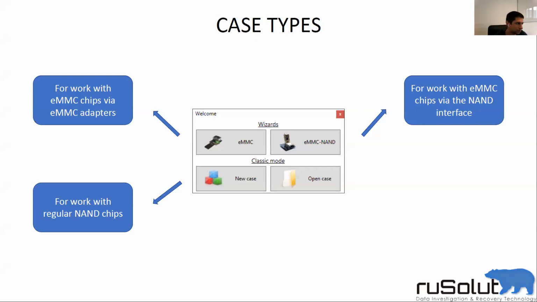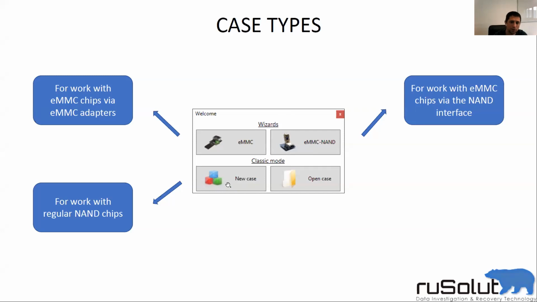So it's not for good chips, but for bad ones. Or maybe you want to get more data out of eMMC chips from some garbage blocks, then you can use that eMMC mode also.